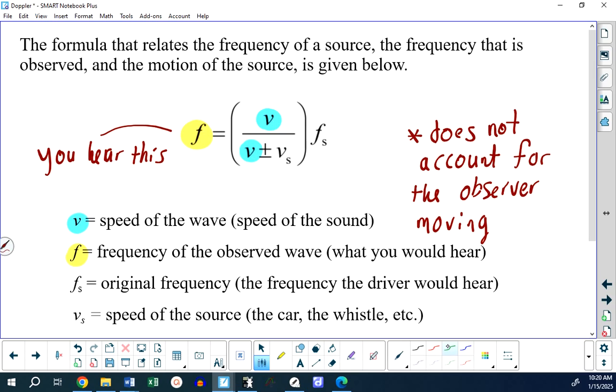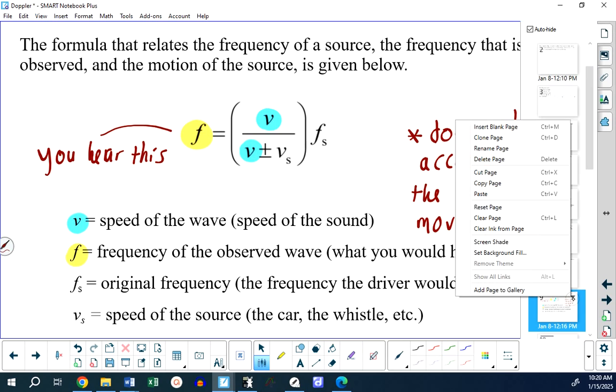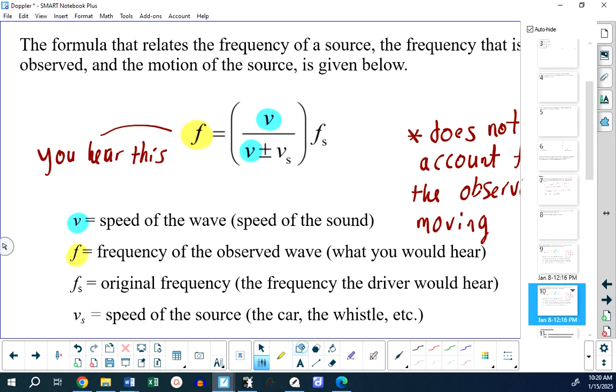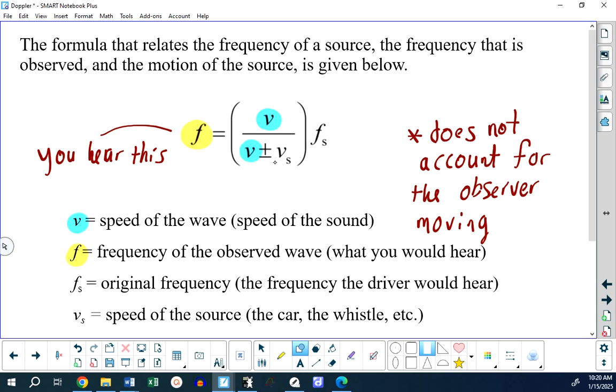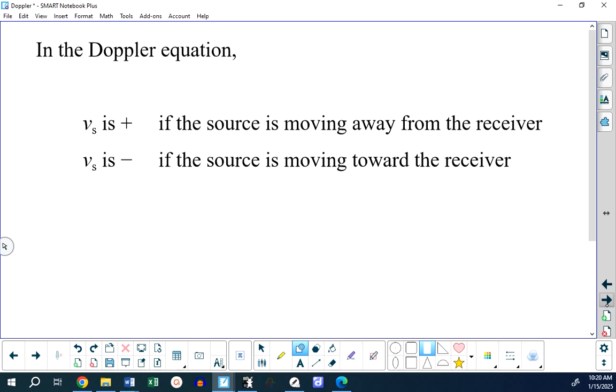The weird thing about this formula is there's a plus or a minus. Okay? So sometimes, everybody, you're going to use this formula, and sometimes you're going to use this formula. Sometimes you'll have to go V minus V sub S, sometimes you'll have to go V plus V sub S. So let me explain to you how your textbook and most textbooks would explain this to you. They would give you a rule.